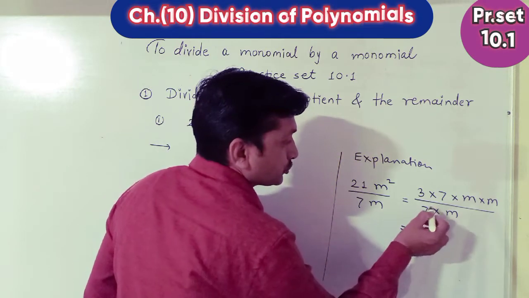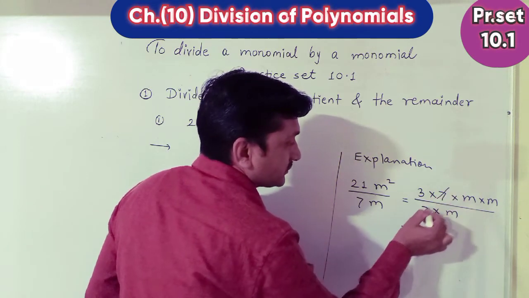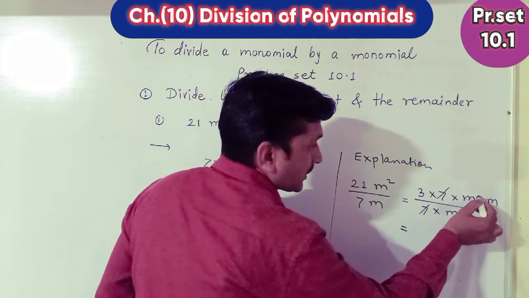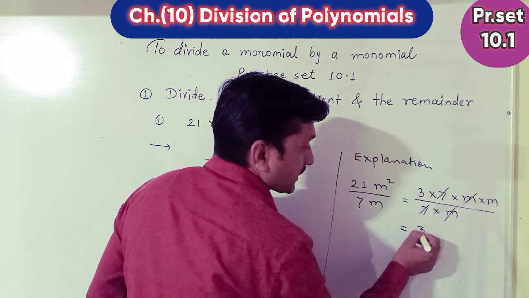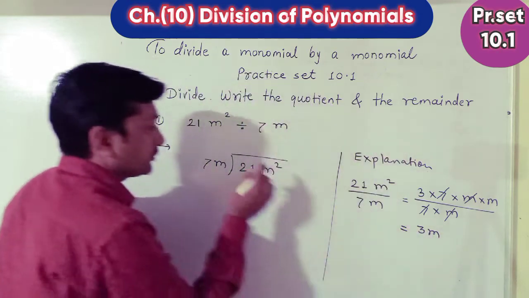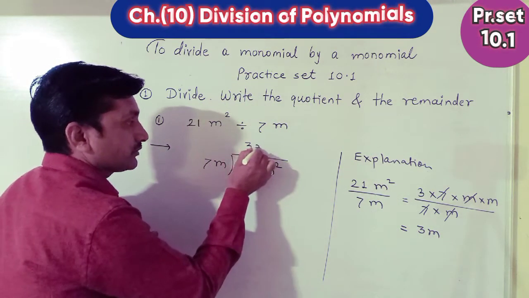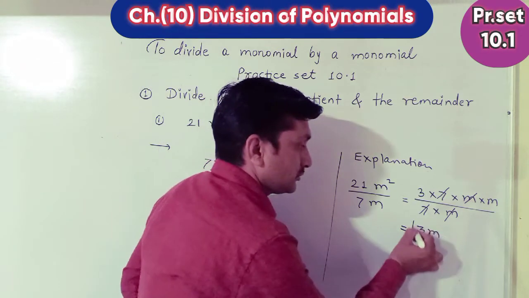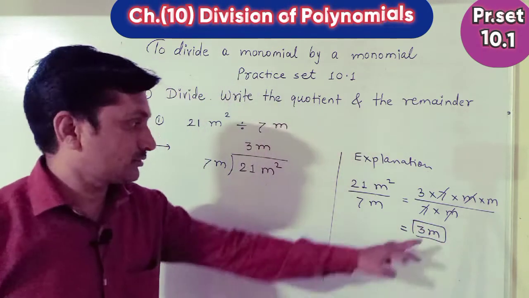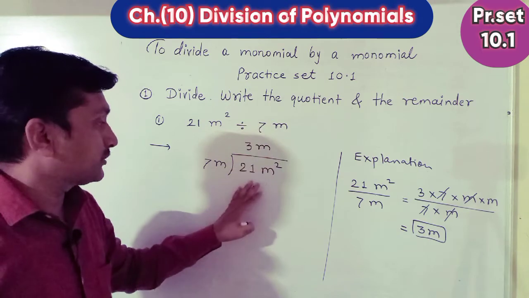Is equal to. Now like terms cancel. 7 cancels and this m also cancels. Then what is left? You see 3m. Write this 3m as the quotient up here. This 3m is the quotient that will come here.